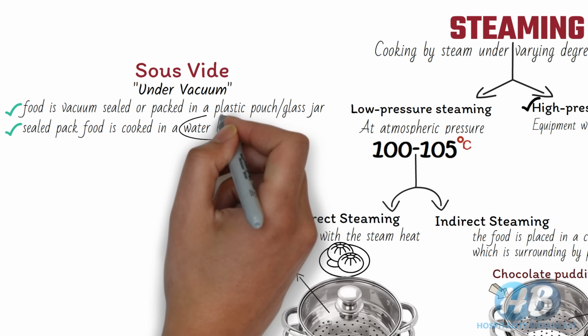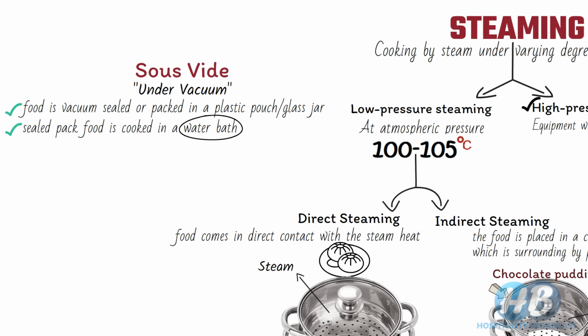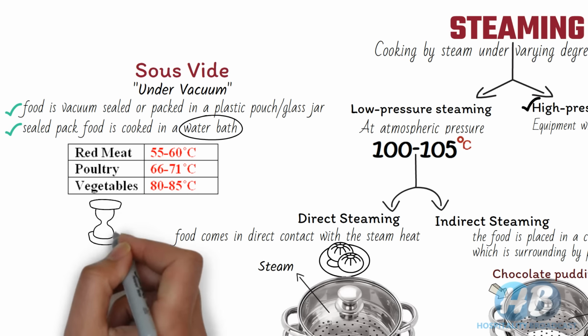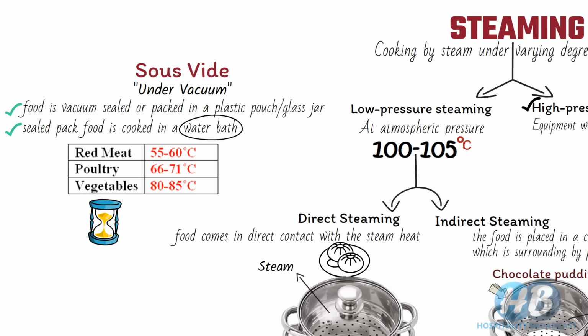Water is hot but never boils. Temperature is usually kept at 55 to 60 degrees Celsius for red meat, 66 to 71 for poultry, and higher for vegetables. As food is cooked at a lower temperature, it is a slow process of cooking which may take from 1 hour to 7 hours.